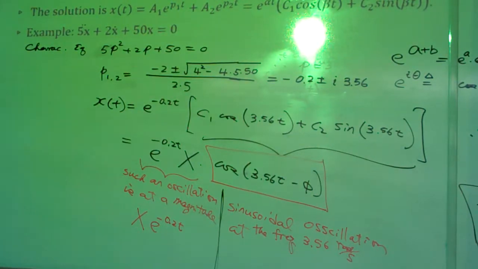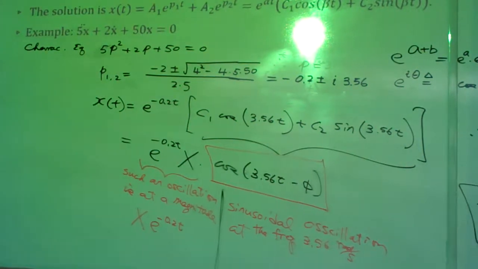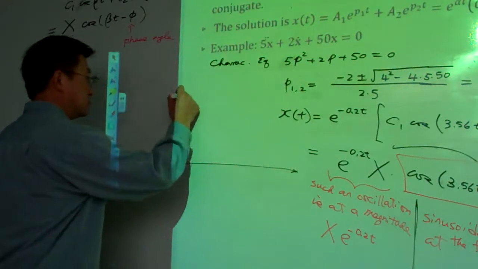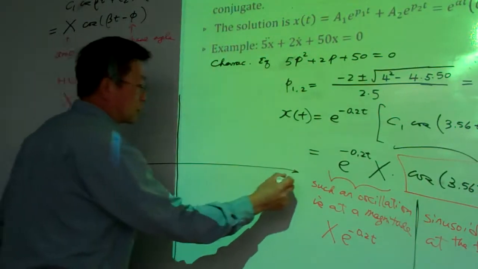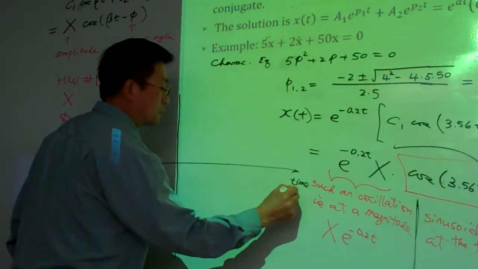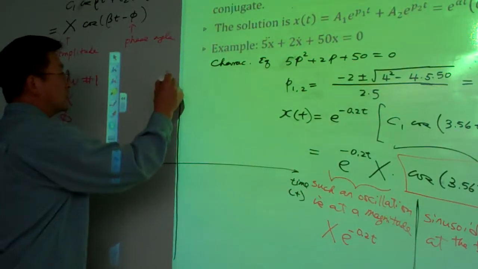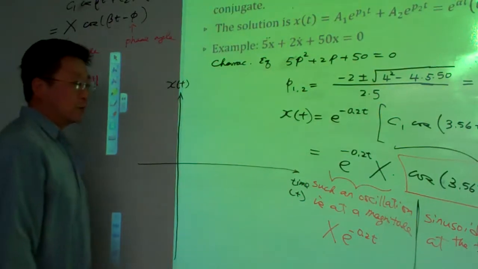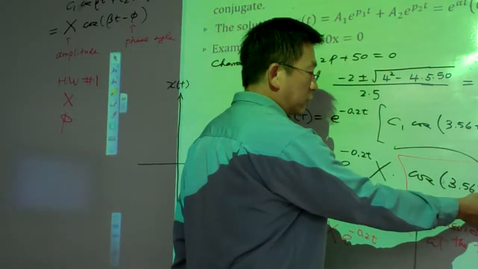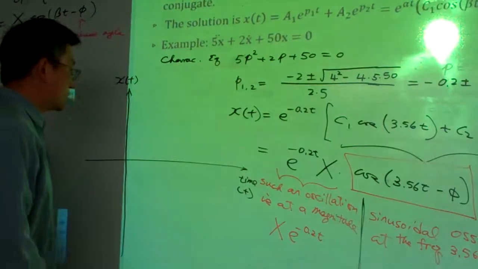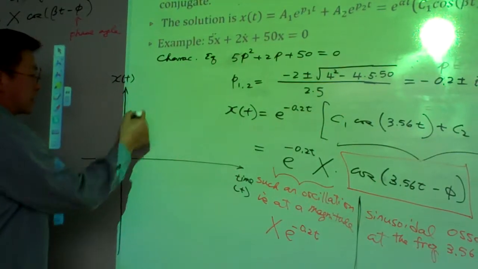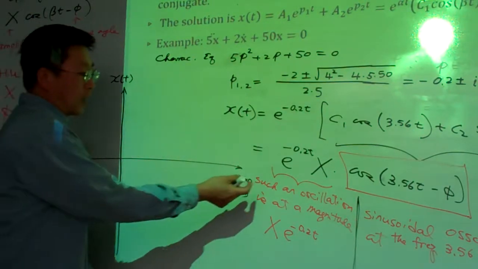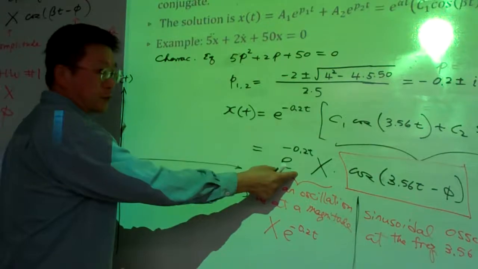So the whole thing will become like this. If this is time t, and this is our x(t), okay, and when t equals 0, we have the phase angle. I'm going to try to define these amplitudes first.